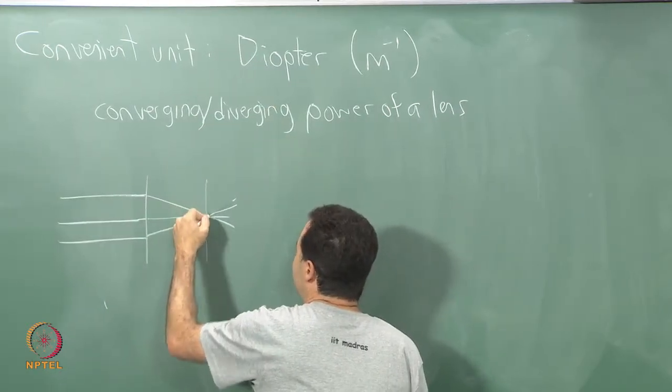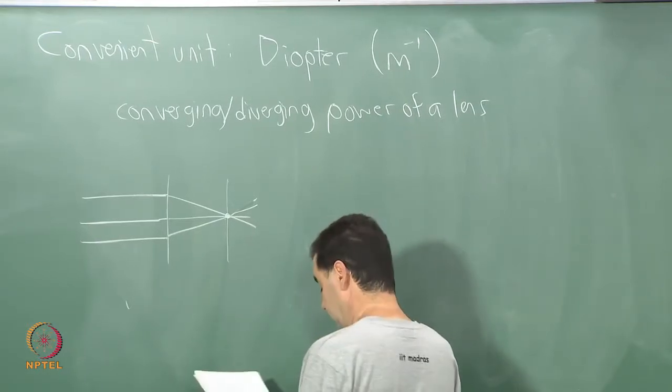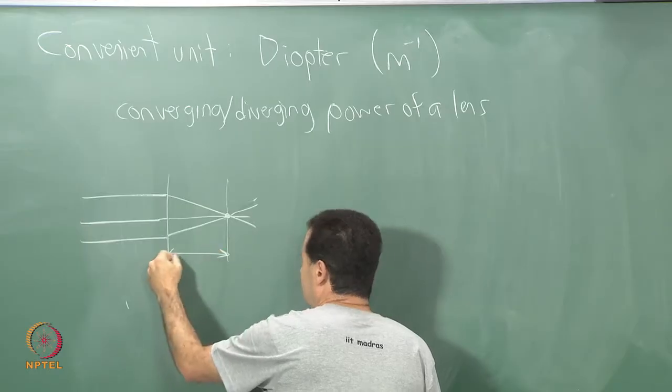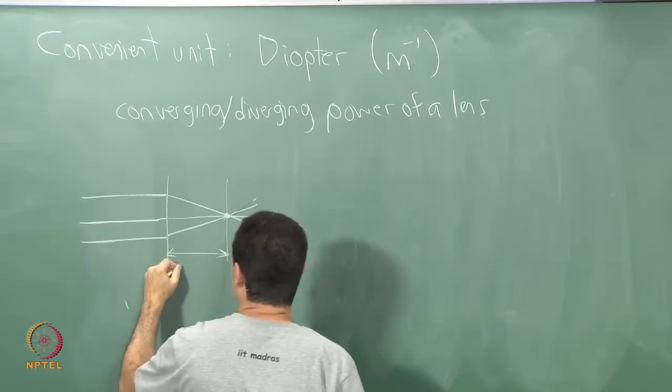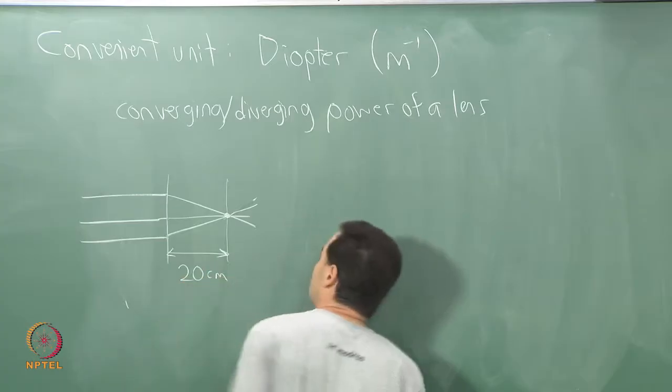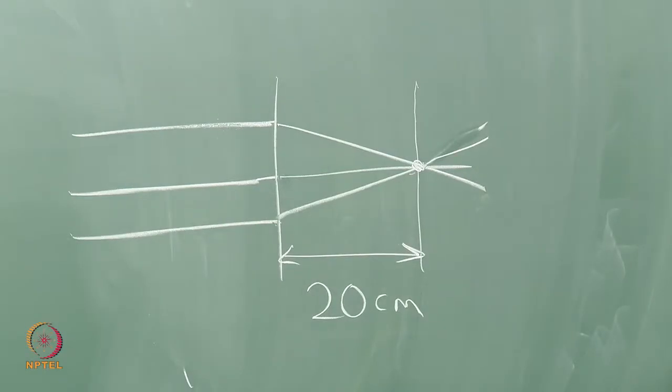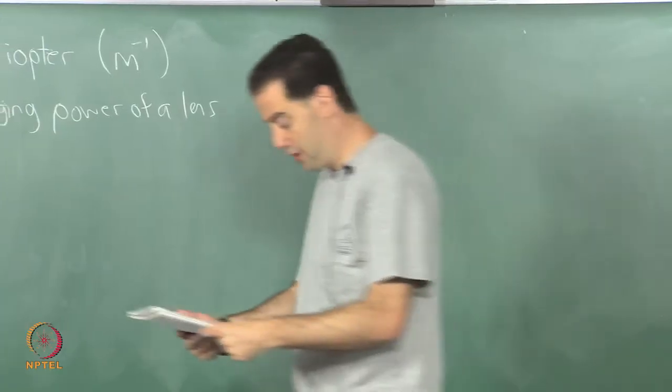And that's supposed to meet. Let's suppose this distance, just as a simple example, let me write 20 centimeters. Right. So the focal length is 20 centimeters. The diopter is just going to be the inverse of that. So it's just 1 over f.